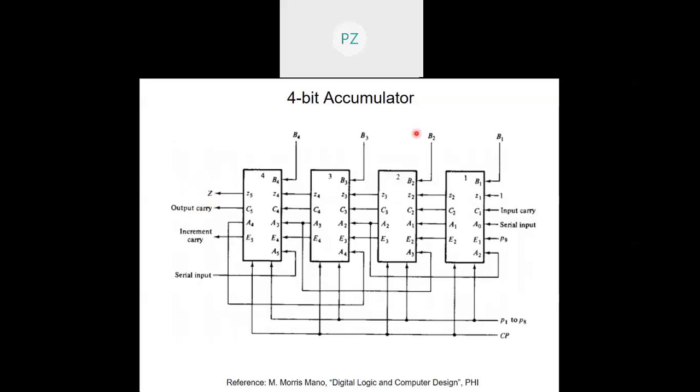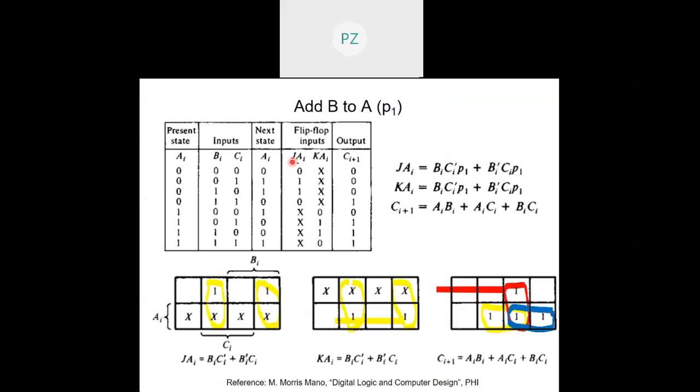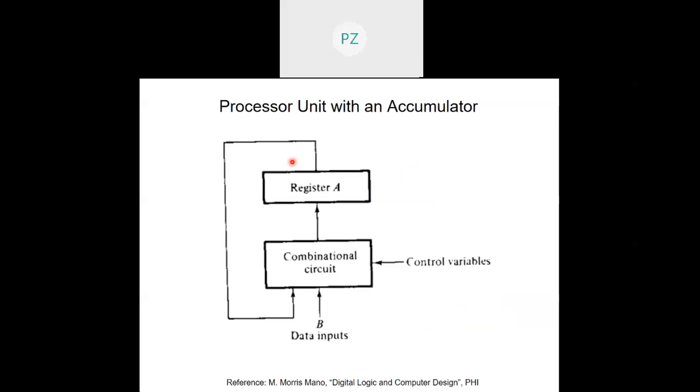So this is the accumulator based processor design, as we have gone through the design of this accumulator. So this is a special purpose register. Let me go back to this one. So this is a special purpose register in that sense. It accepts control variables.